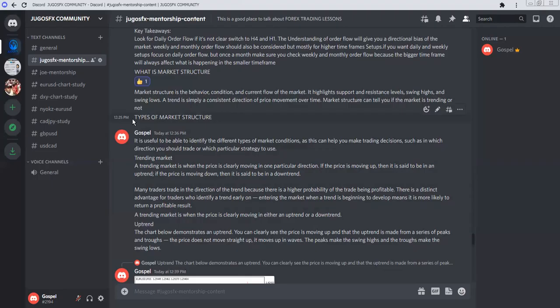If the market is going down, you should be watching for signals that the market will give you that the structure is changing, and when the structure changes, that's where you buy early. You buy at the lower price. You don't go and buy when price has gone far up. You buy at a lower price, and as price goes up, you are making profit. So a trending market is when price is clearly moving in an uptrend or downtrend.